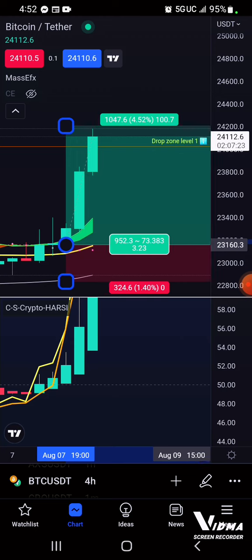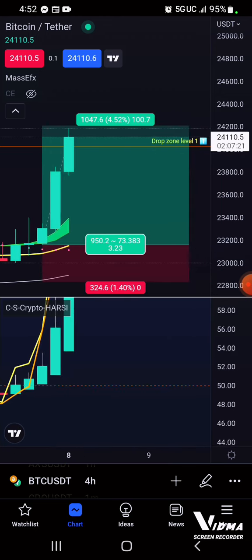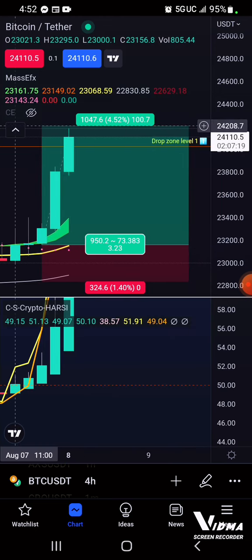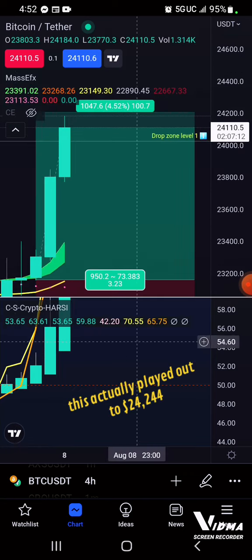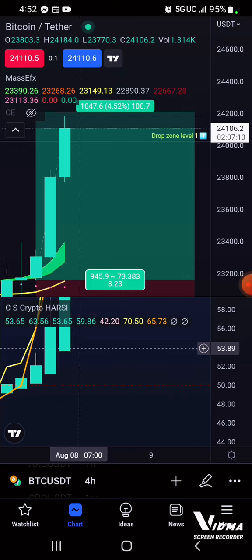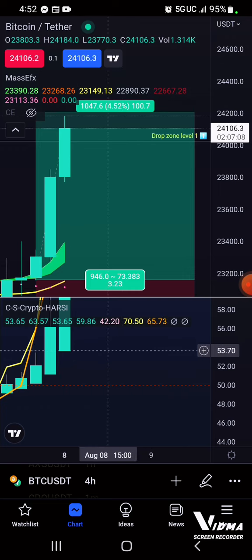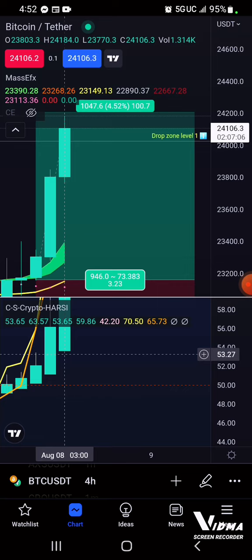So this move will end here at about $24,200 is where this move will end. And you can see this if you want to track it yourself. This is currently looking at Bitcoin on the 4-hour chart, August 8th at 3 a.m.